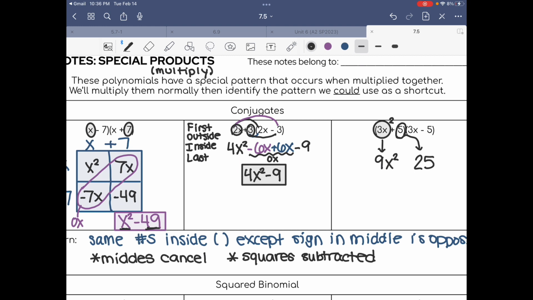And they're always going to be subtracted in between. So that's how you can use the shortcut. Again, this one is called conjugates, and it's a special way of saying that those middle terms are going to cancel out. So really, it's like you could do FOIL, but without the O and the I, because those cancel out.